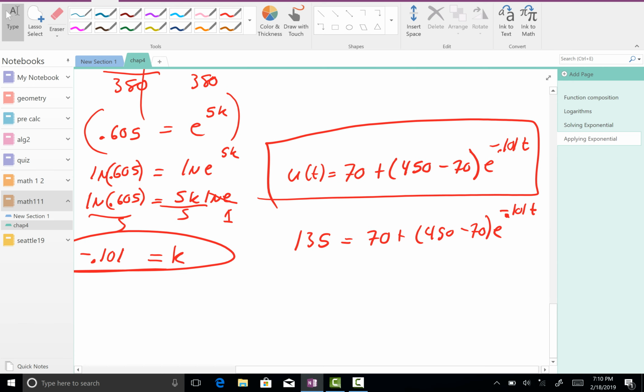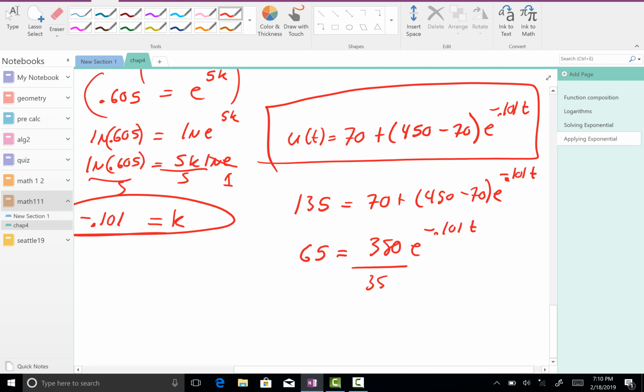And we just got to figure out what T is. We could graph this too.